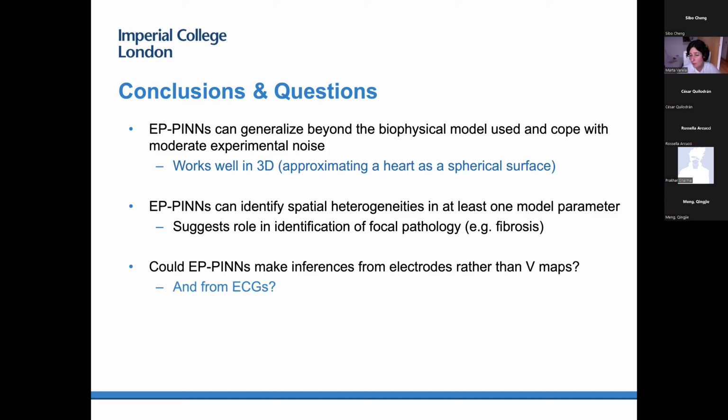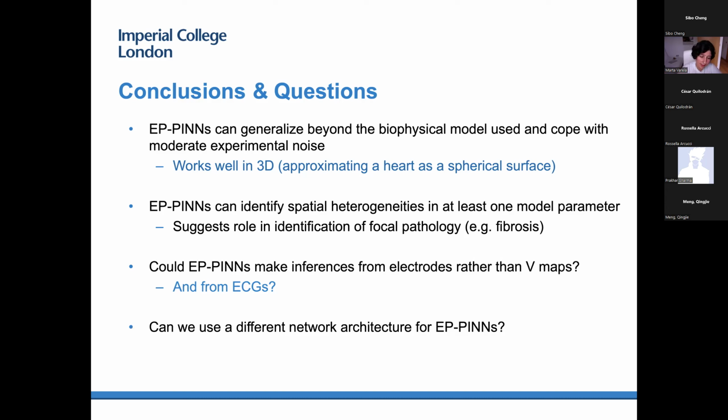And this is an area we're working on very intensely. And if you ever invite me again, I'm hoping to be able to tell you how we've worked out how to make inferences from this data, and also from ECG, so from data acquired from the chest rather than directly on the surface of the heart.